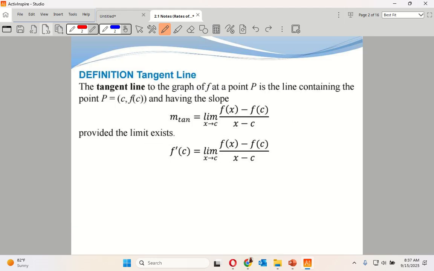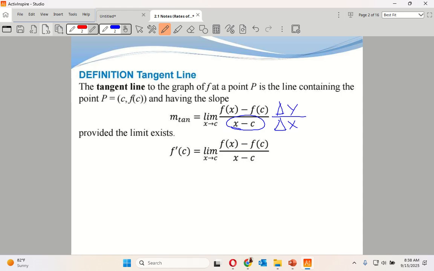Definition of a tangent line. The tangent line is the graph of the function at a point, containing the point and having the slope. So, we're basically finding the limit as x approaches c. Here, my distance is my delta x over my delta y.